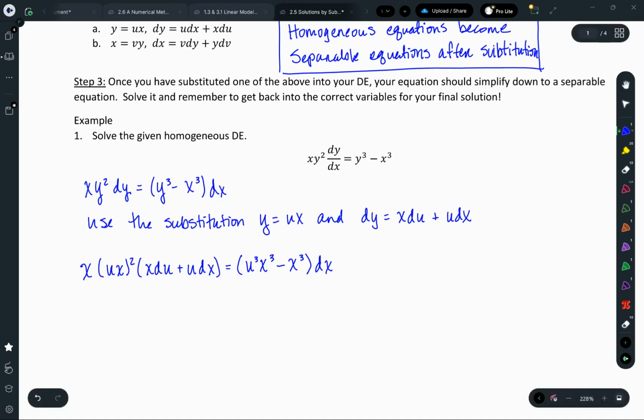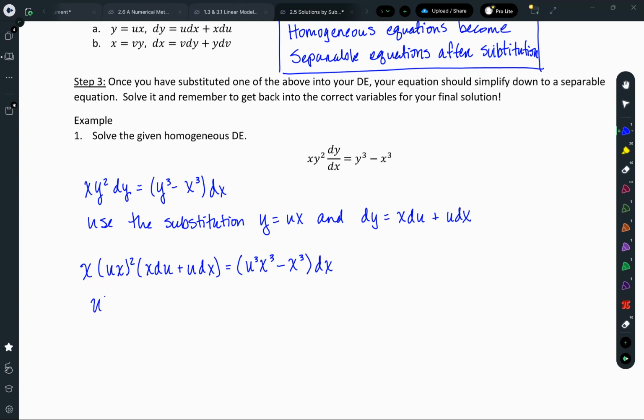Now, on the left-hand side and on the right-hand side, I'm going to distribute the dx's, okay? And the du's and the dx's. I'm going to multiply everything out so that I can see all my individual terms and collect like things, okay? On the left, I've got that ux all squared and then an x outside of that.